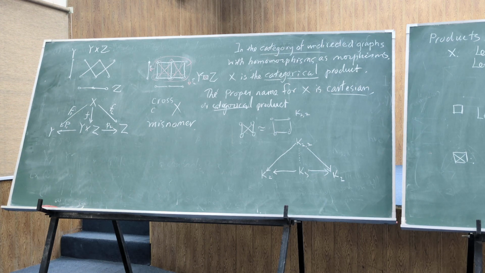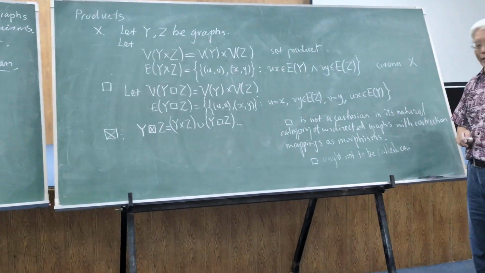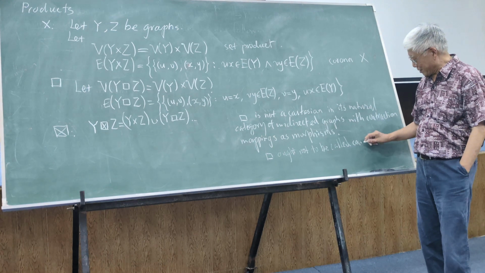Therefore, this product cannot be called Cartesian or categorical. But it was called Cartesian. Of course, no graph theorists were able to call it categorical because they never considered this category. So they always called it Cartesian, which is not correct.